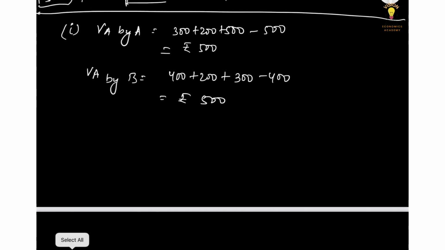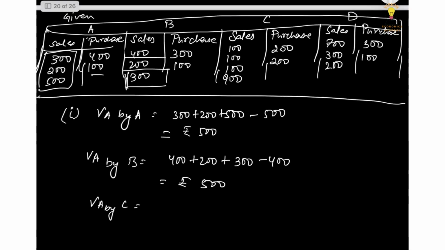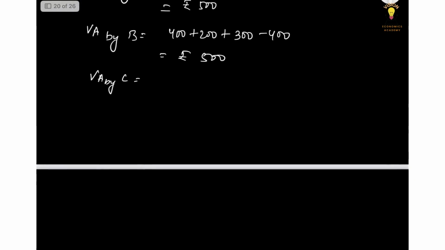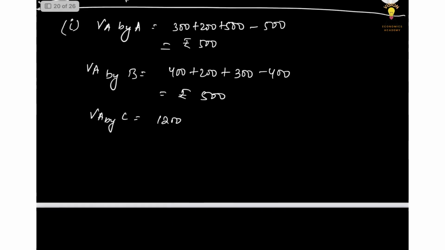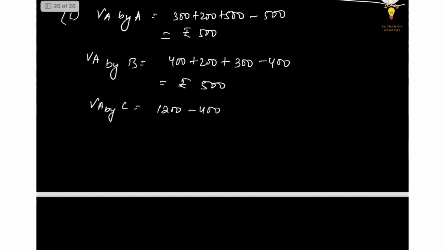That will give us rupees 500 again. Then value added by C, 900, 1000, 1100, 1200. So 1200 minus intermediate cost of 400 is 800.